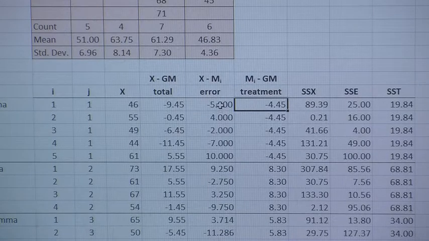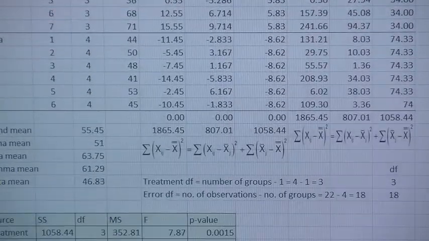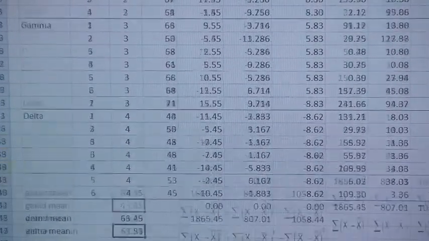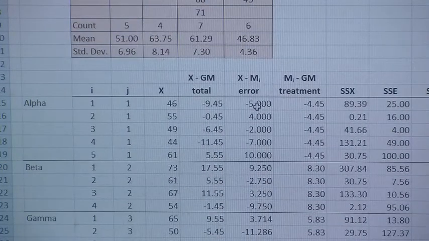For the error, we simply subtract from the observation, vehicle number 1 in group number 1, the group mean for Alpha tires, which we've got down here, 51,000 miles. So the way that we get this minus 5 is just 46,000 miles minus 51,000 miles, the group mean.